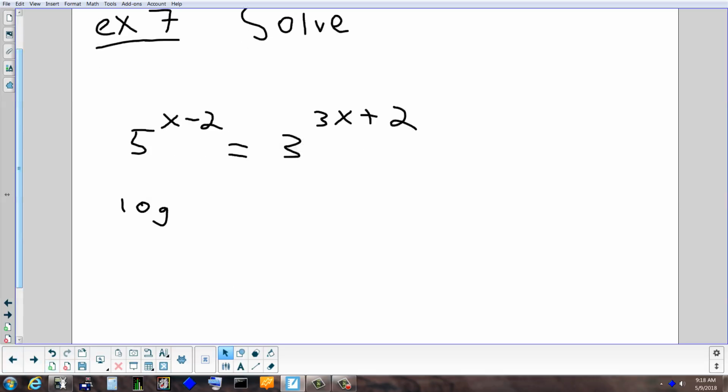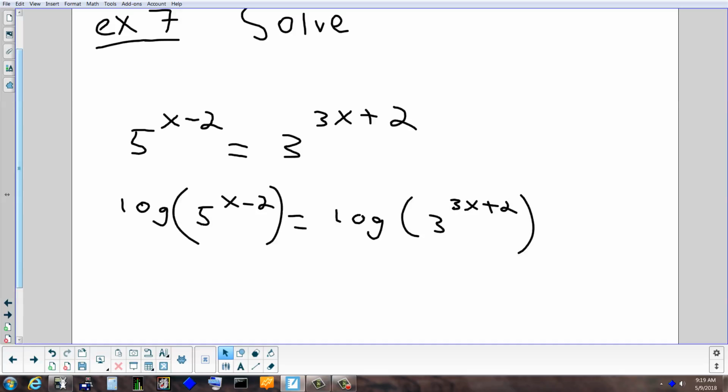Okay. So I'm going to rewrite it a couple times just so you can see every step, but you certainly could combine some steps here. So the log of what's on the left and the log of what's on the right. Because you have logs, we can move those exponents in front.